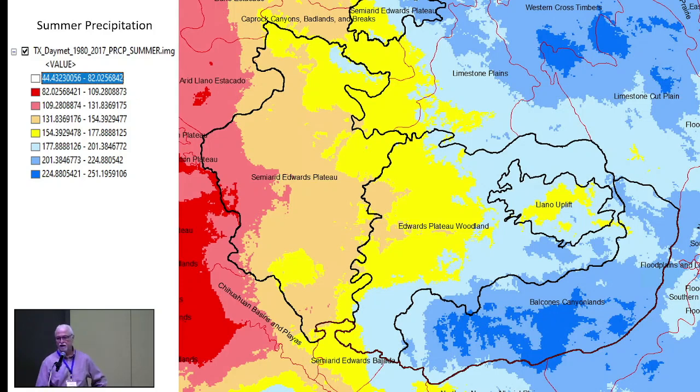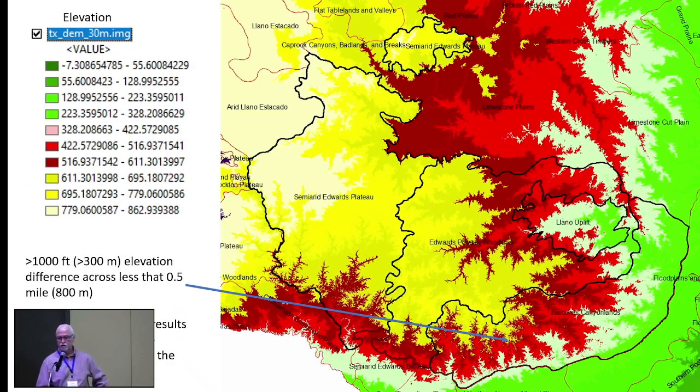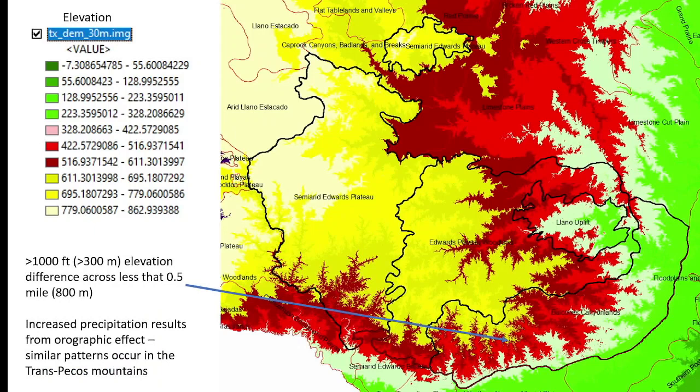The Balcones Canyonlands region there is the wettest region of the Edwards Plateau, and then the Edwards Plateau woodland region is intermediate. So why is that? Well, this is the elevation, and areas with the same color are in the same elevation zone.